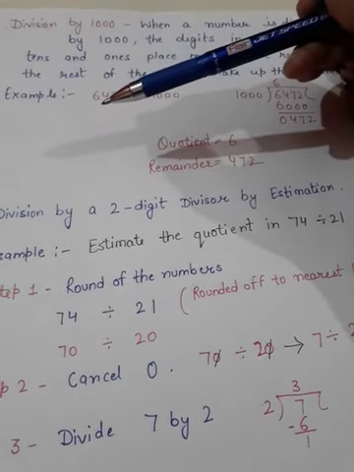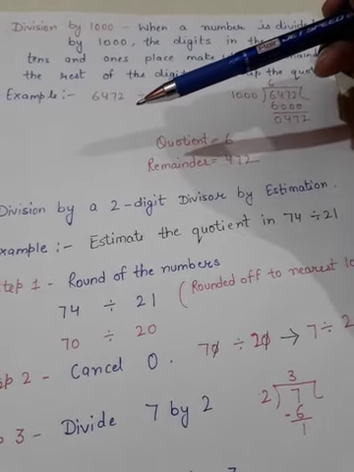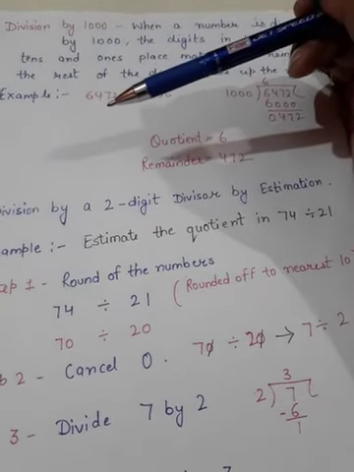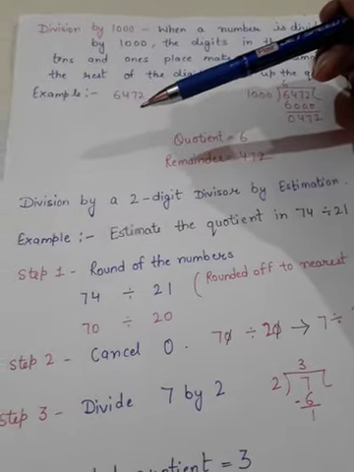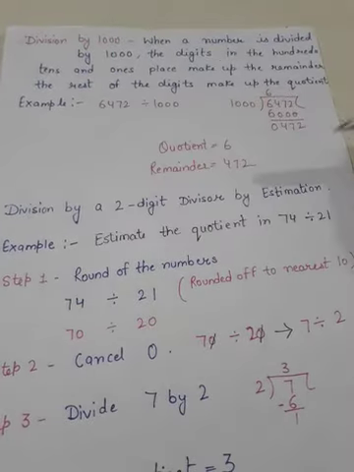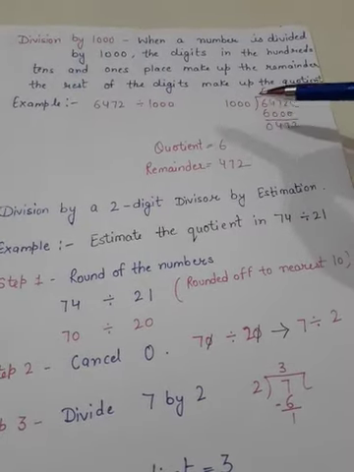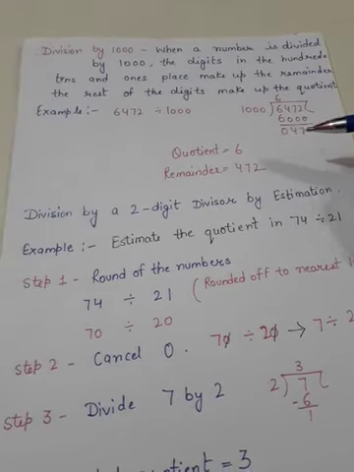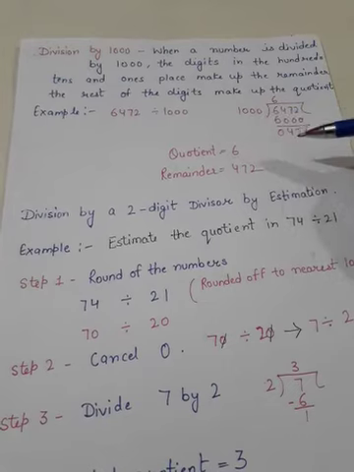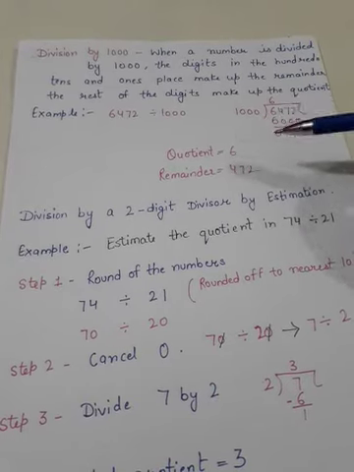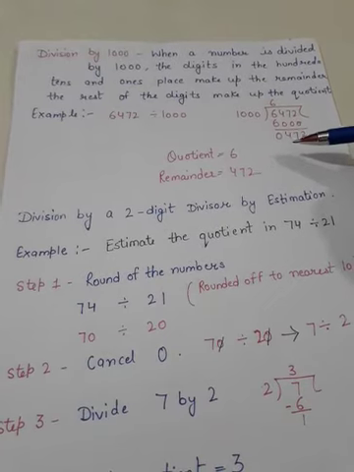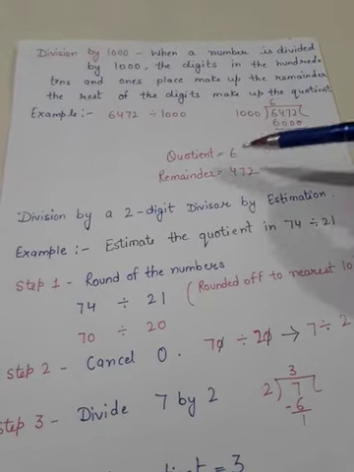Like the example here, 6472 divided by 1000. The last 3 digits, 472, will come in the remainder and 6 will be in the quotient. Look here, 1000 6s are 6000. When you subtract, what is left? 472. 472 is less than 1000, so we leave it here only. You can see that the last 3 digits are 472. So the remainder is 472 and the quotient is 6.